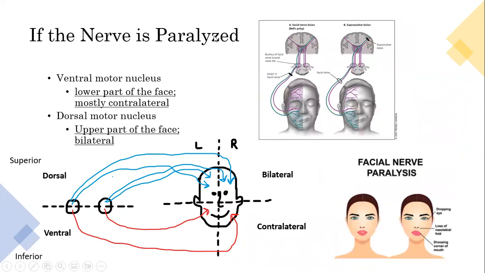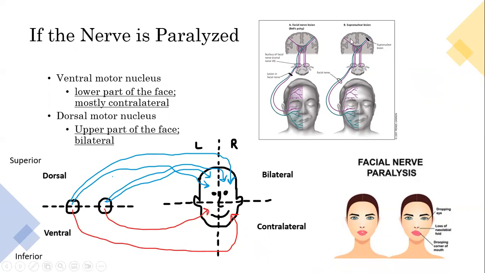Next is if the nerve is paralyzed. It's really interesting because the dorsal is bilateral and the ventral is contralateral. So with whatever part of your face is paralyzed, a neurologist can tell what part of the nerve is damaged.